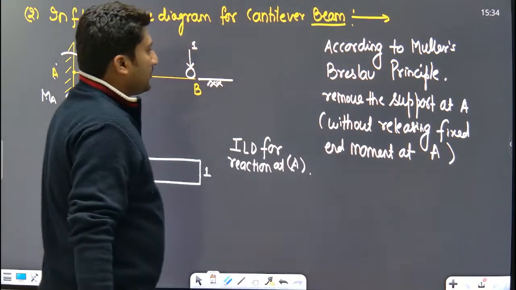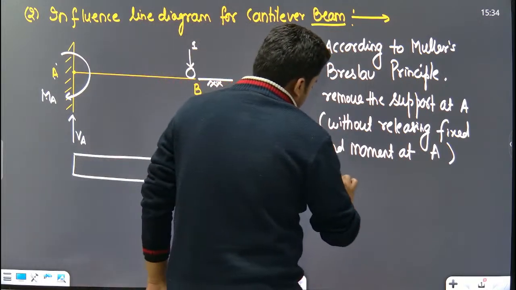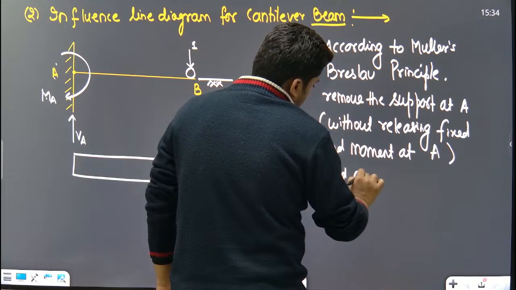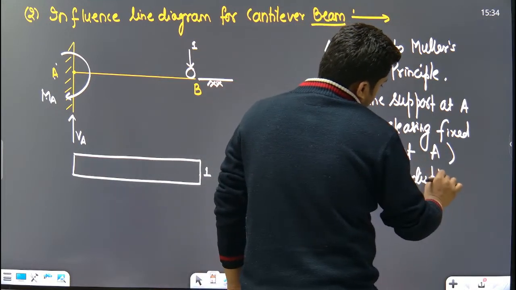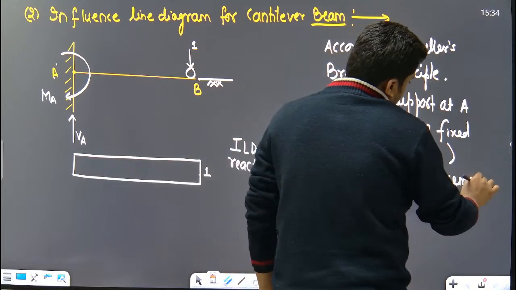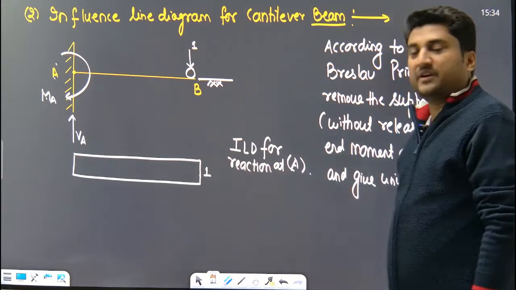Without releasing the fixed end moment at A, remove the support at A and give unit displacement. Okay, this is the shortcut. The deflected shape of the beam is the ILD for reaction.